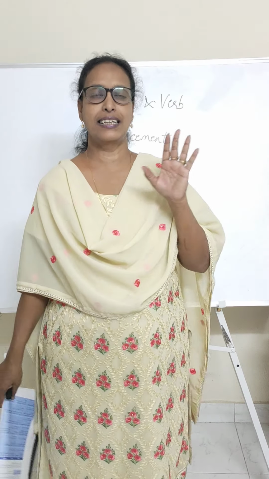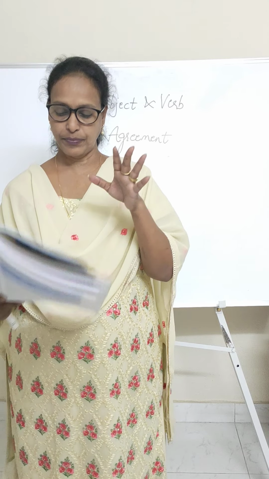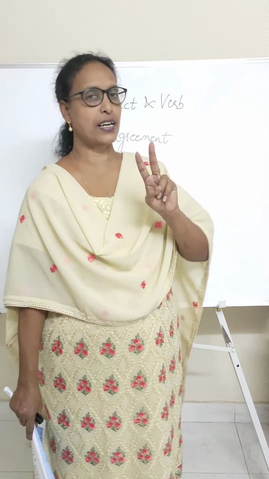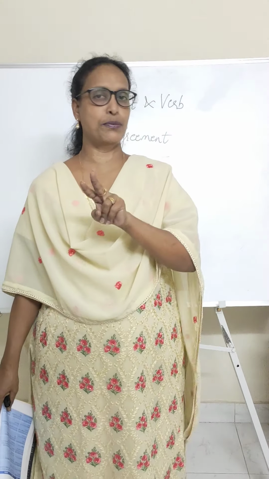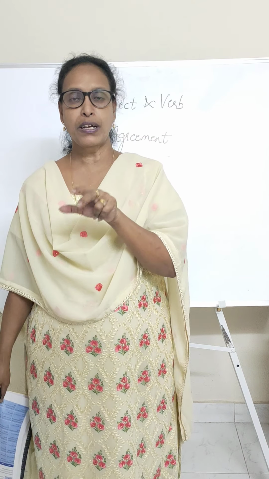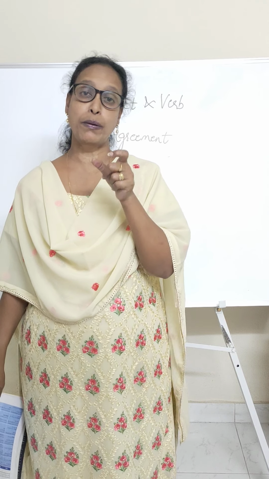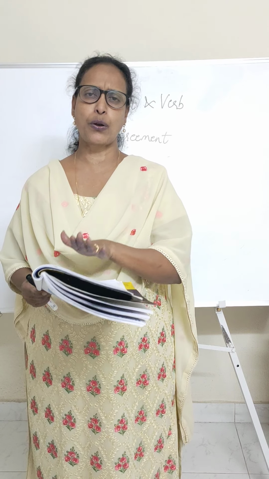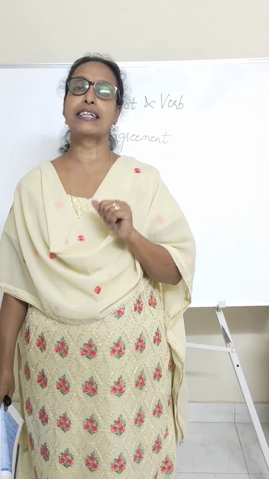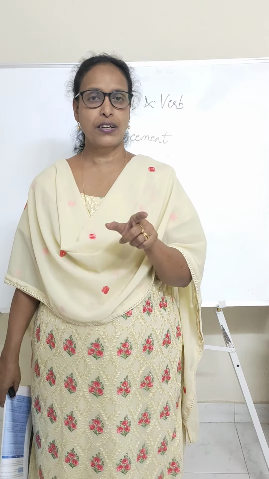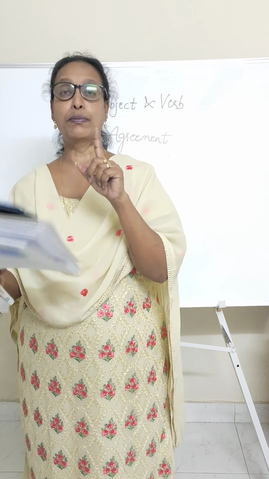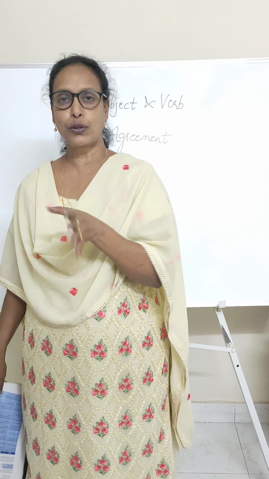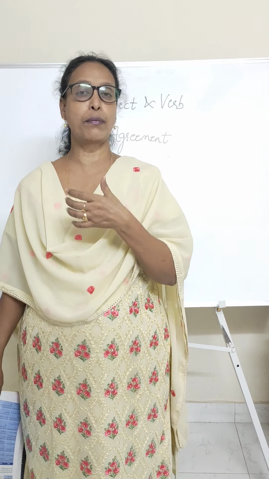Another thing to keep in mind here is there are two subjects, David and his brothers. The verb that follows his brothers should be plural because brothers is plural. So the subject which is closest to the verb is to be considered. So David or his brothers are going to the party. His brothers is just before the verb, so you are using a plural verb.